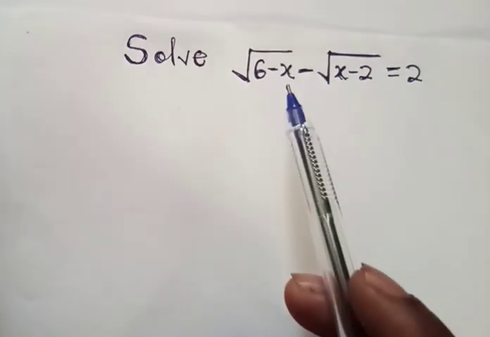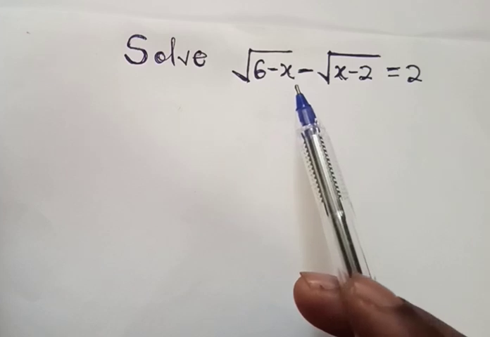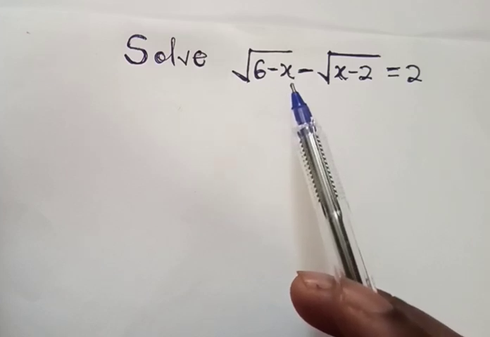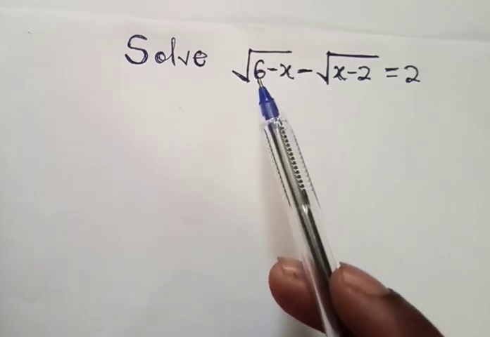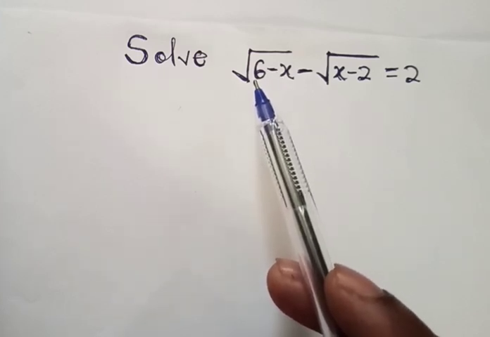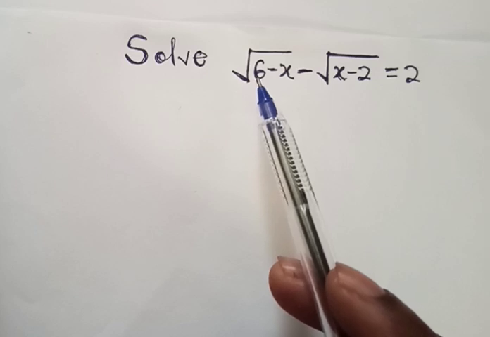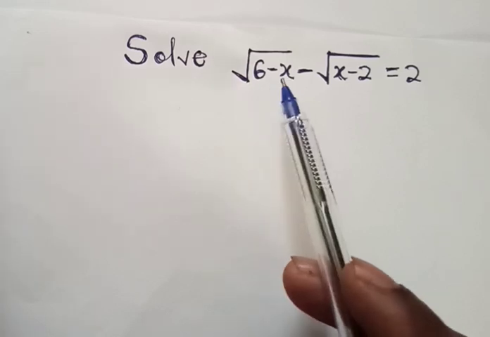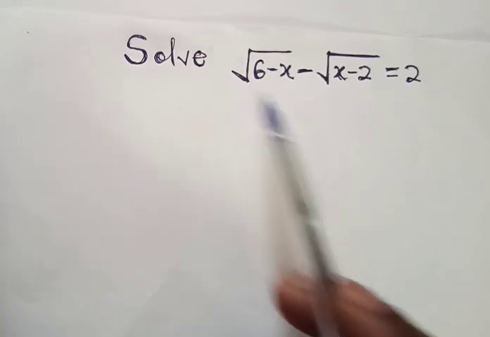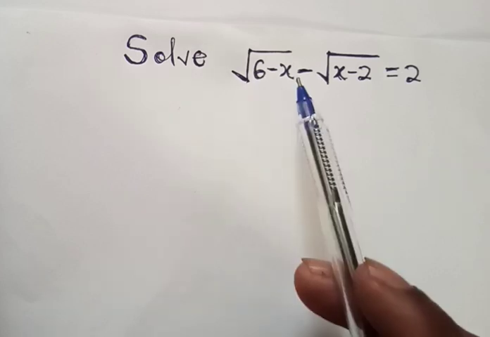For this example, I've realized that because students were taught that when they see equations involving radical symbols, they should take square roots of both sides, when they see this, they quickly square each term.